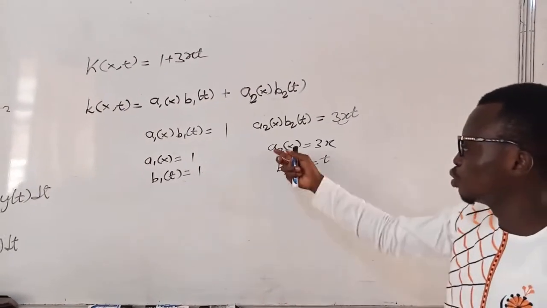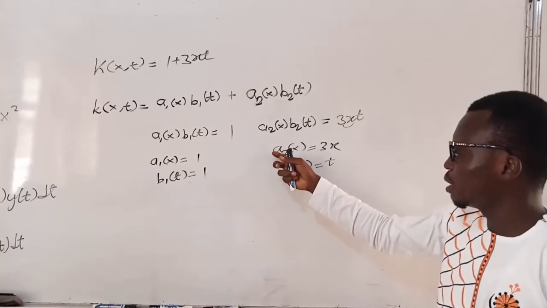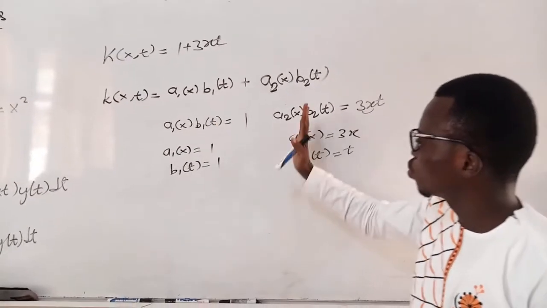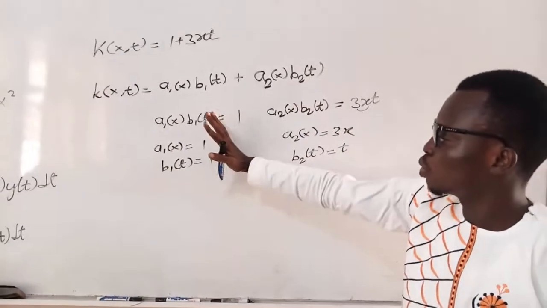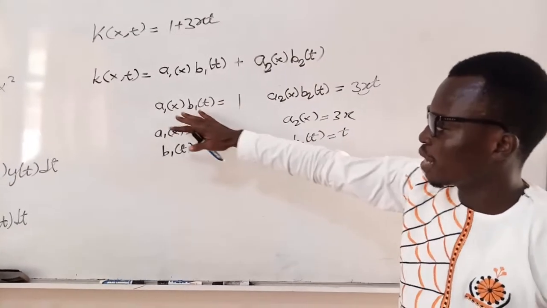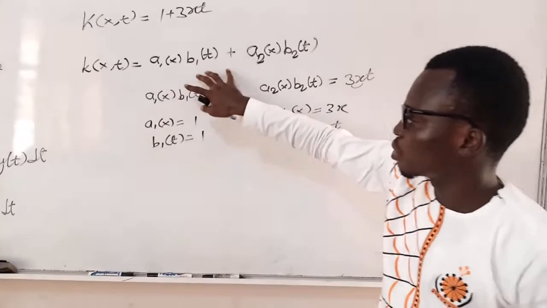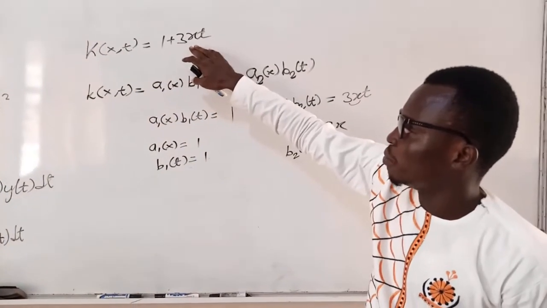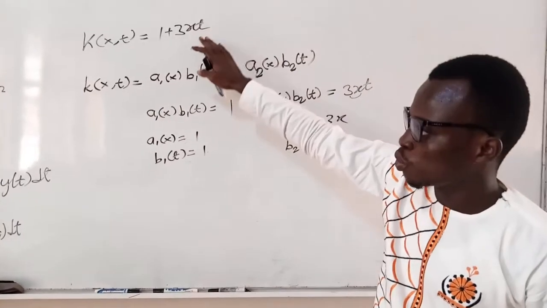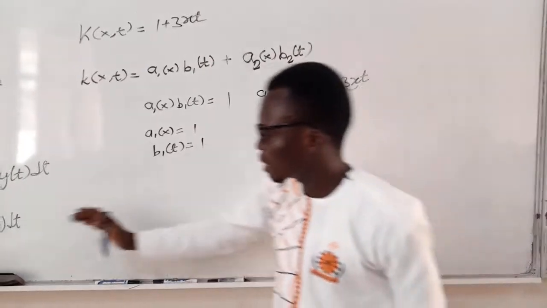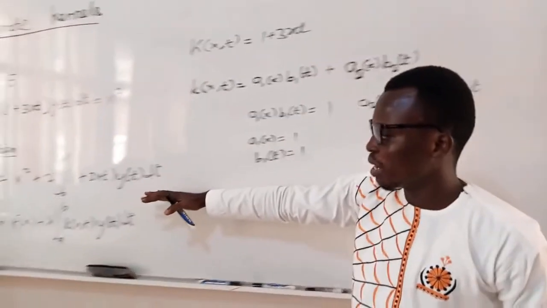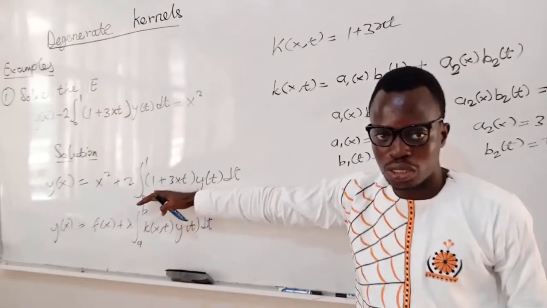If you multiply a2 and b2, you get 3st. If we sum these two products, we get our kernel k(s,t), which is the same as 1 plus 3st. So we've easily shown that this kernel is degenerate. Therefore, you can solve it by using the degenerate approach.